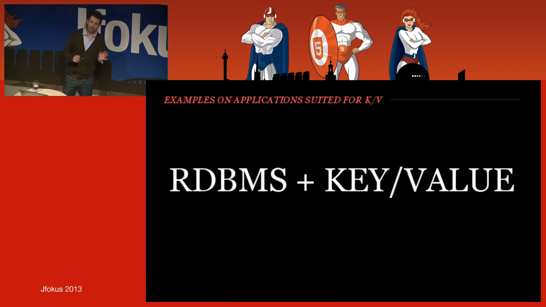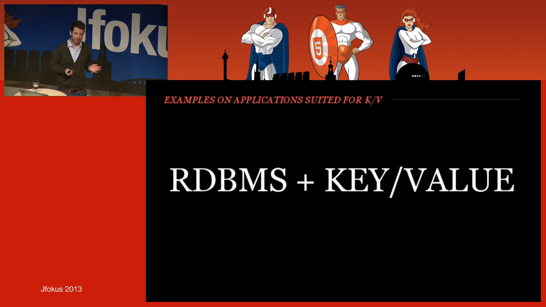So, when is it smart to use a key value store? The simplest thing to do in the start is to combine the relational database and the key value store at the same time. You can use it as a cache, like many people use EHCache or Memcached today.